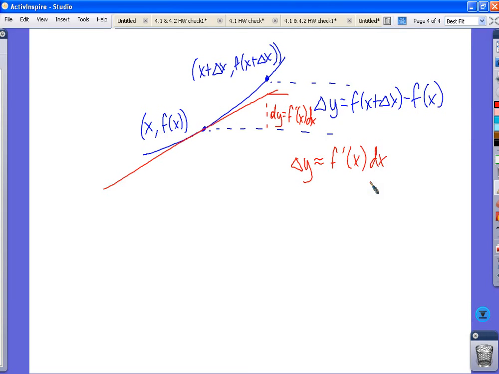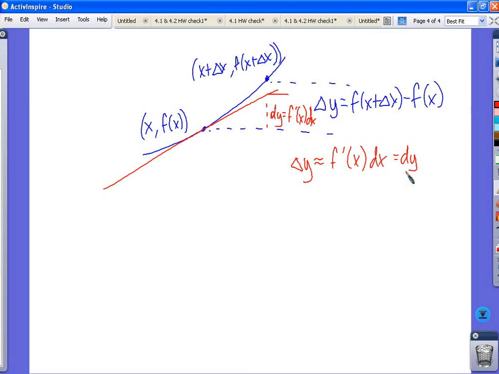Who's confused? How do you get from the delta? Is dy and delta y the same thing? No, they are close to the same thing. Because this is dy, right? This is dy right here.